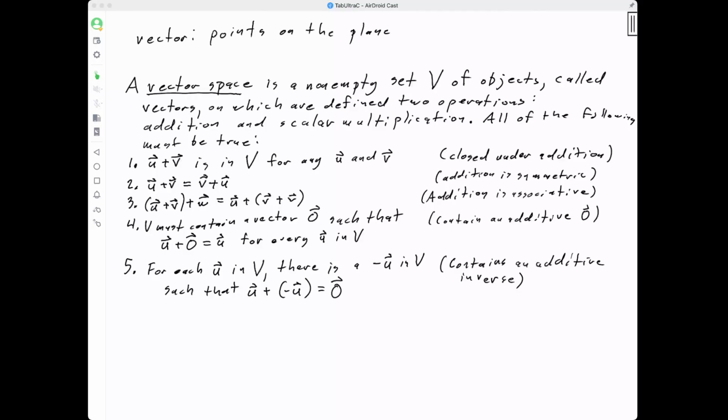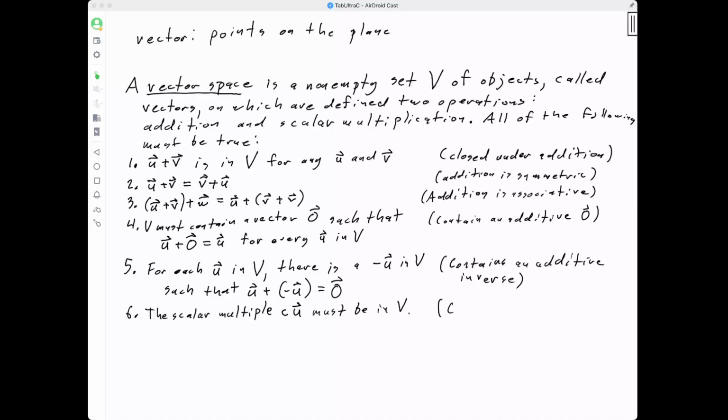The sixth thing that has to be true is the scalar multiple denoted by c times u must be in V. So if I scale any vector by any amount, I have to still be in my vector space.